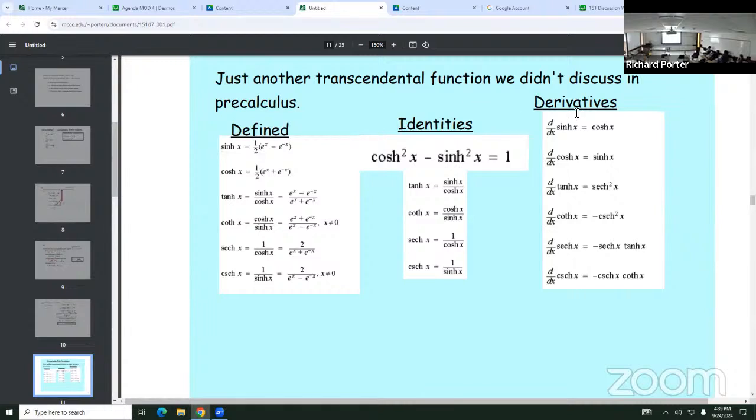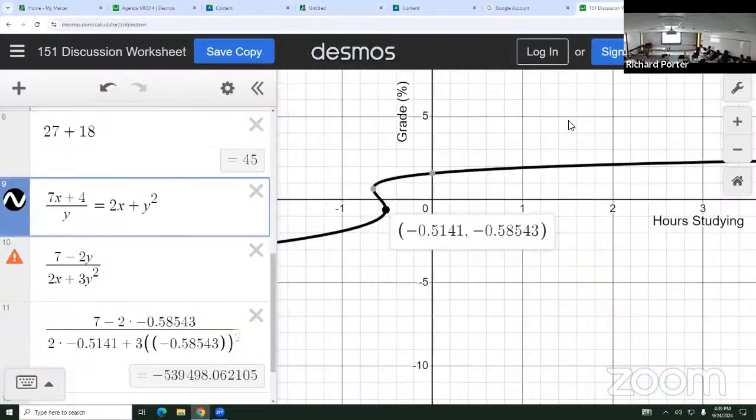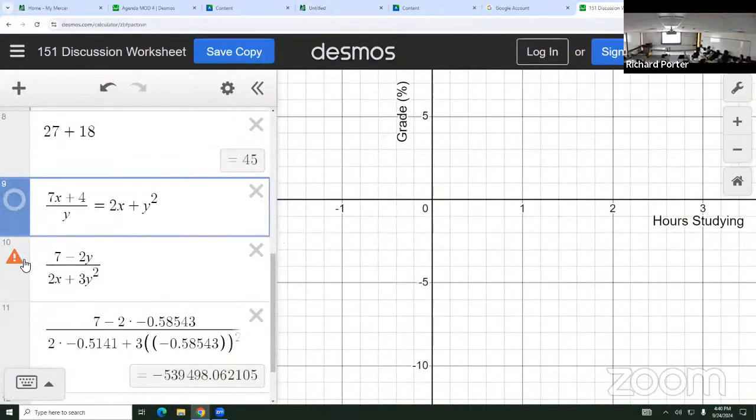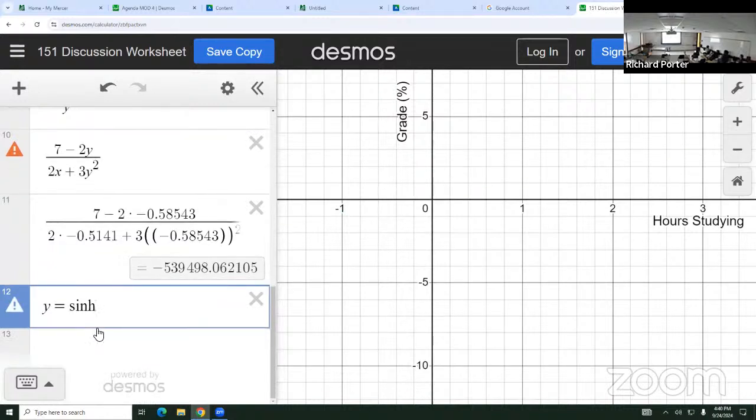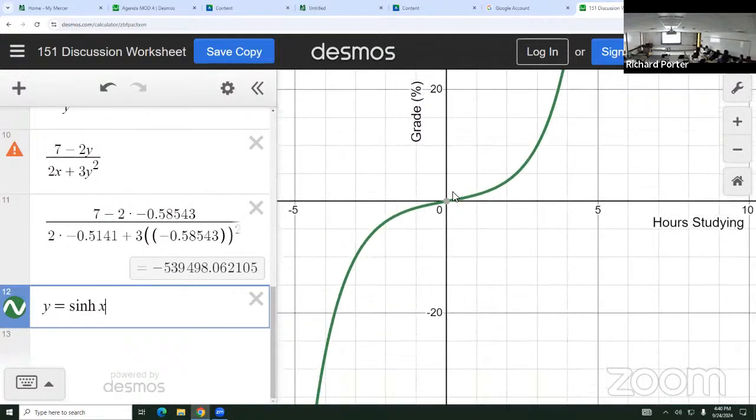So for example, of course, all you really need to know are the derivatives, but let me just go into Desmos for a second so you can see what they look like. So you can just say y equals sinh of x, and there it is. That's what it looks like. You know how sine is periodic and stuff? This has got none of that.